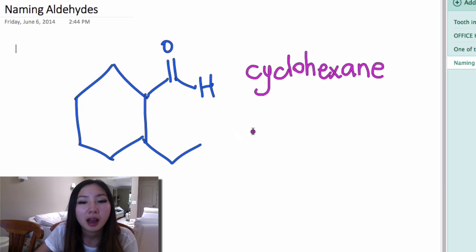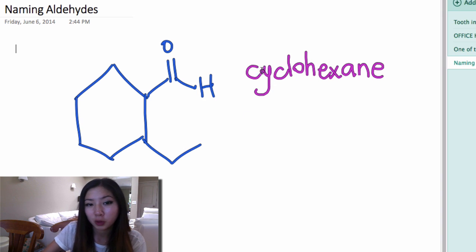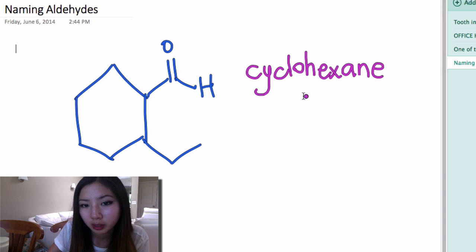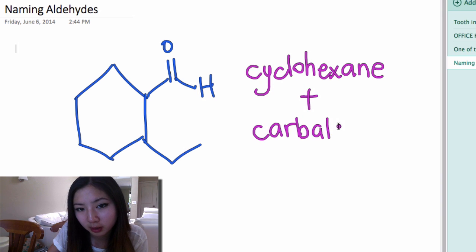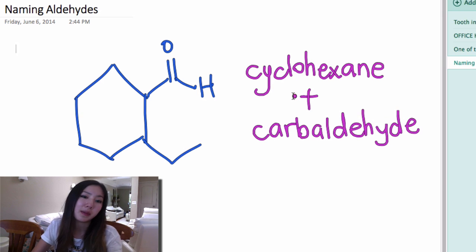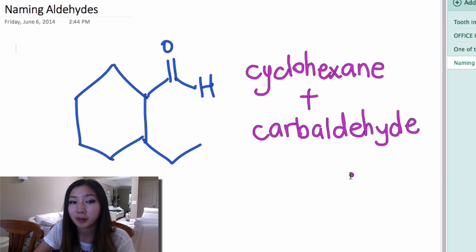And then to take into account that this is an aldehyde, you have to add the word carbaldehyde. You must do this, carbaldehyde. Okay? So we know the end of our naming for this is going to be cyclohexane carbaldehyde.